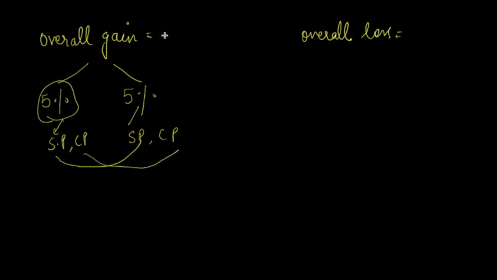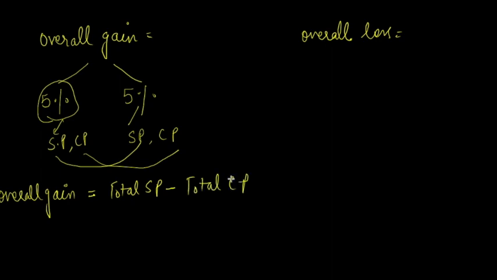So overall gain, how do we calculate? The formula for overall gain is total SP minus total CP, because what is gain? SP minus CP. It means we will calculate the SP in both the transactions, we will calculate the CP in both the transactions, and total SP minus total CP will give me the total gain in the complete transaction.